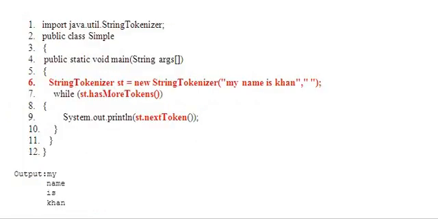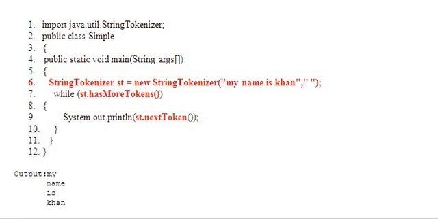So look at the demo program. Look at the import statement, import java.util.StringTokenizer. Look at line number 6 and line number 7, loop st.hasMoreTokens. System.out.println at line number 9, st.nextToken.